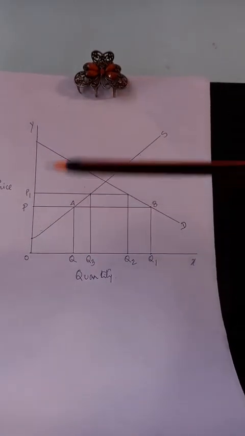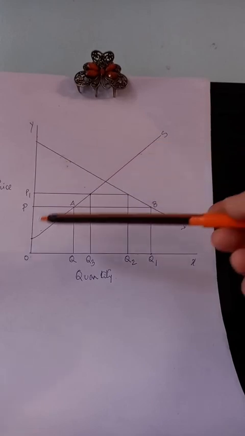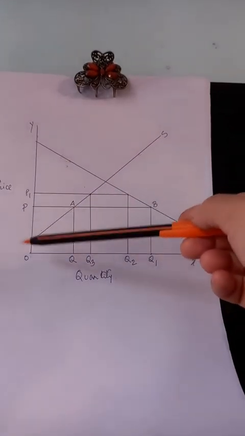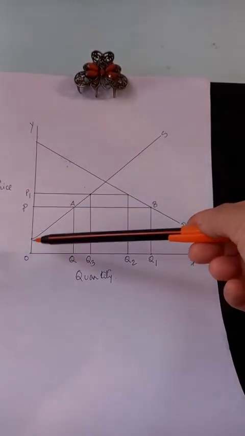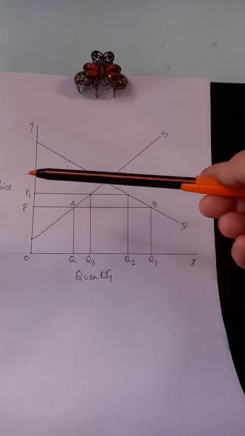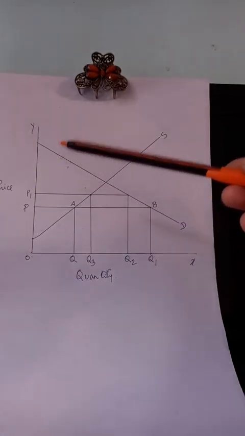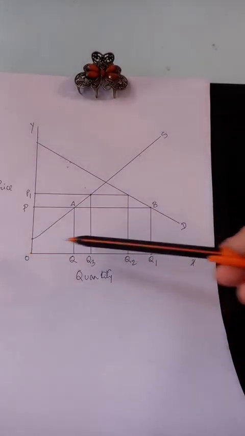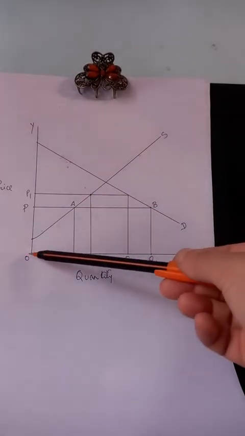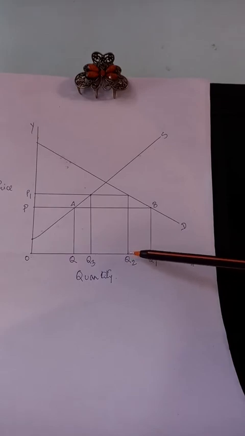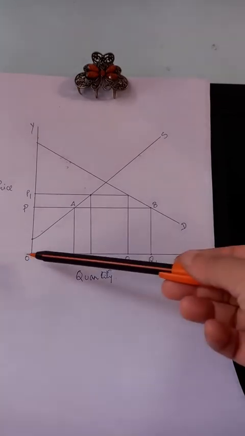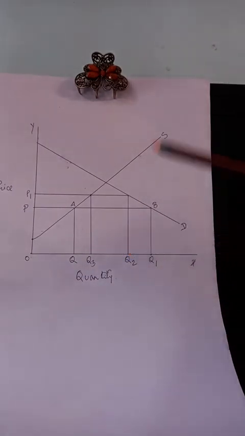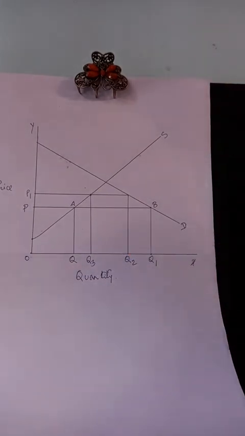But after the imposition of a tariff, the price increased from OP to OP1, and total demand is reduced from OQ1 to OQ2. This reduction in total demand from OQ1 to OQ2 is the consumption effect of the tariff.